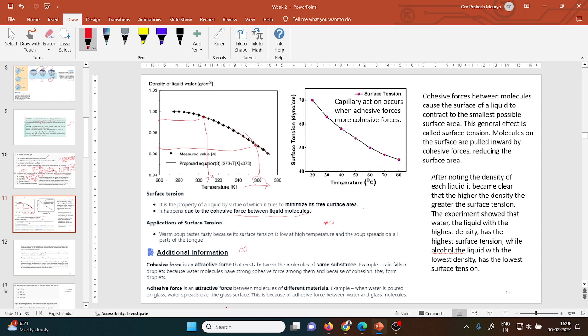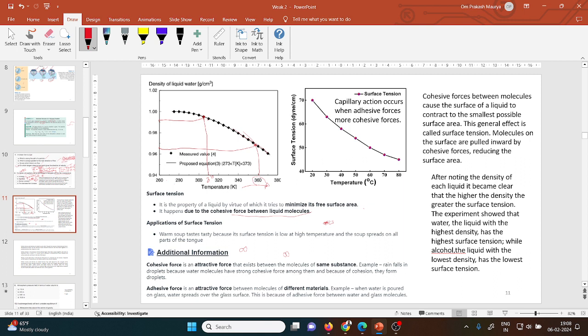That is the reason, due to the adhesive force, you can always see some water molecules adhering to the glass.